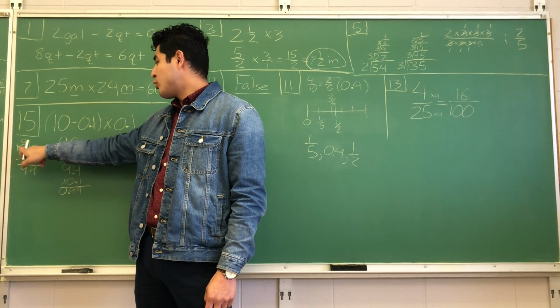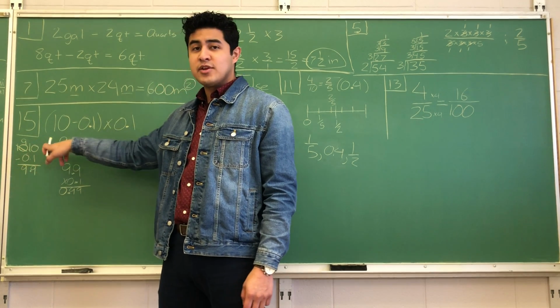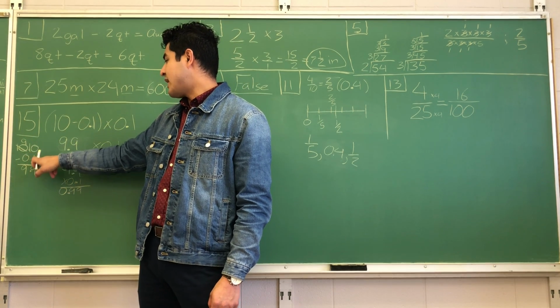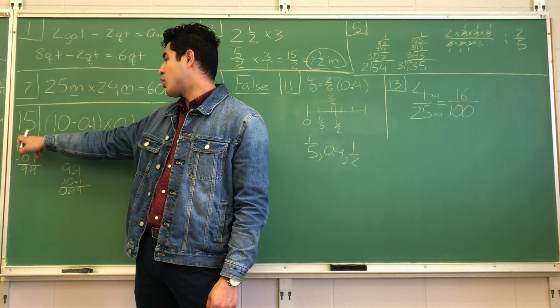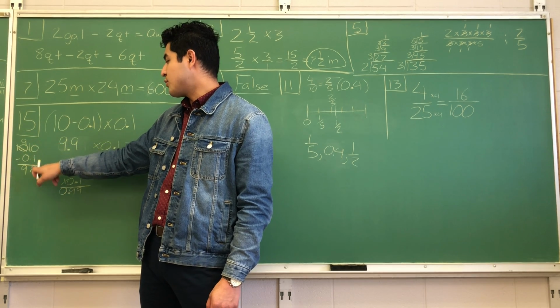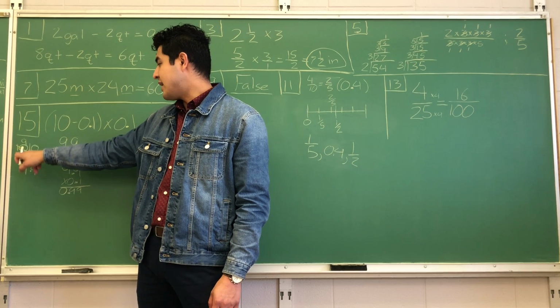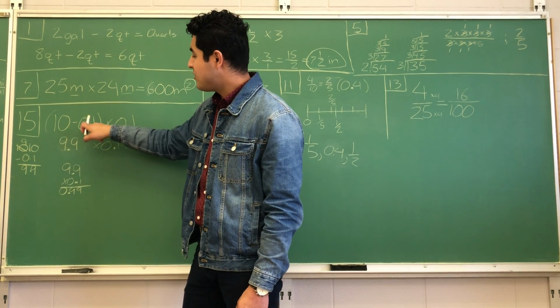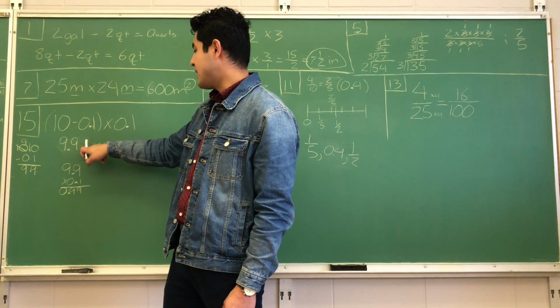But I've got 10.0, okay? I put the 0 to hold my tenths place value, and then I subtracted. Now, I can't take away 1 from 0, so I borrowed from the 10, and I got a 9. And then I subtracted 10 minus 1, which is 9, and then 9 minus 0 is 9, so 9.9. So 10 minus 0.1 equals 9.9.